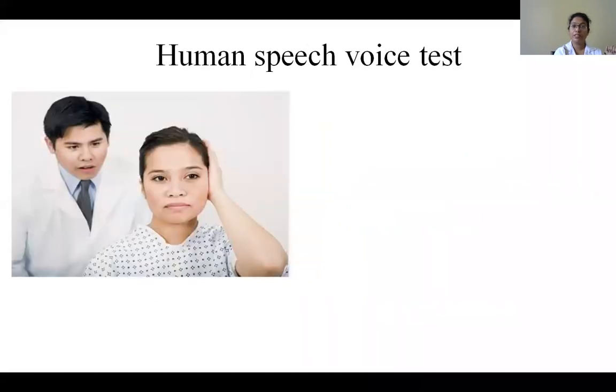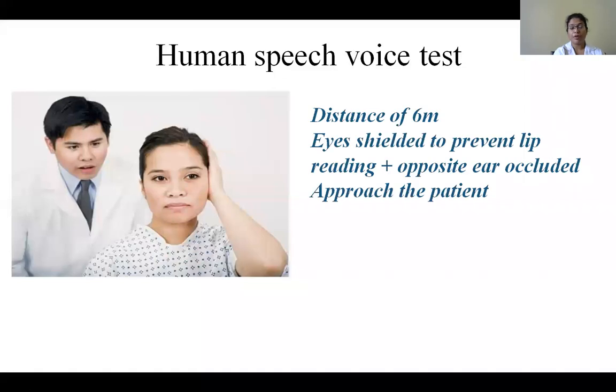Next is the human speech voice test. Here we assess whether the person has the sensitivity to hear conversation of around 40 to 50 decibels. From a distance of 6 meters, the examiner would be standing behind, or if the examiner is standing in front, the eyes are shielded so that he cannot lip read what the examiner is speaking.